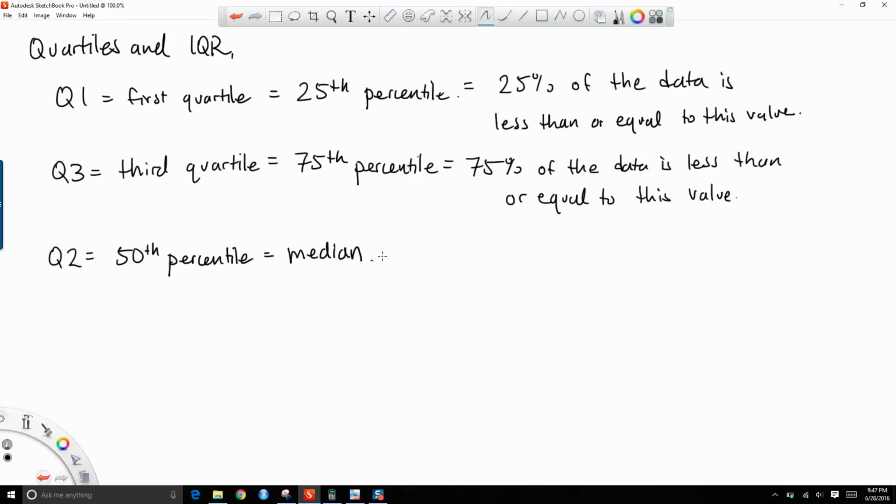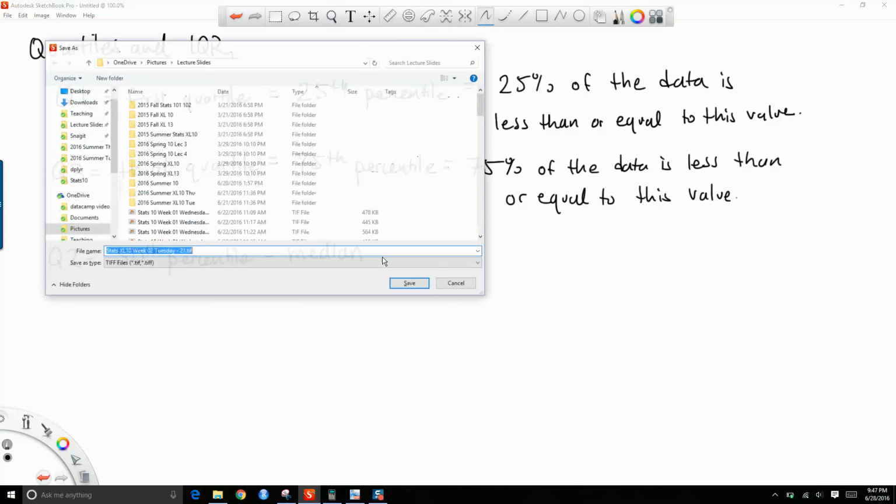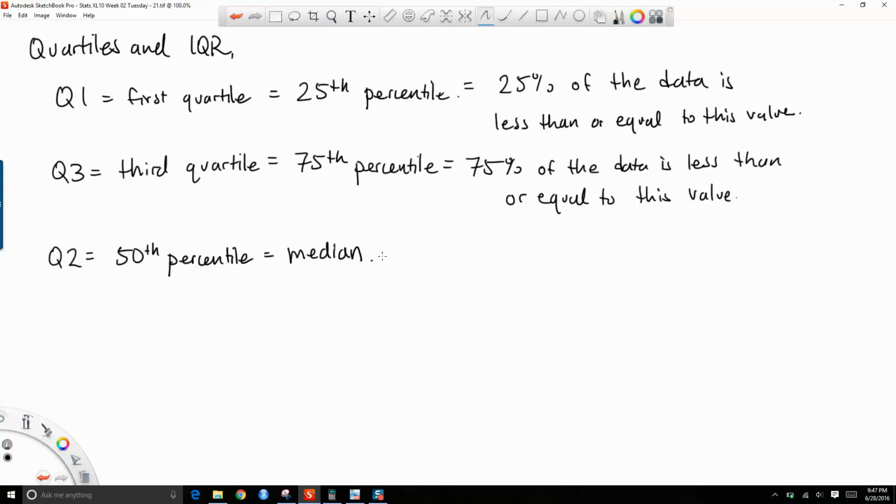The halfway spot, where 50% of the data is less than or equal to this value. So the IQR is the interquartile range, and it is the distance between Q3 and Q1.